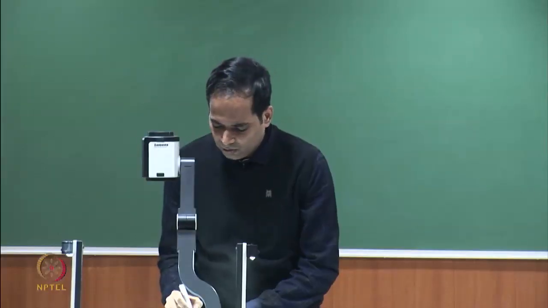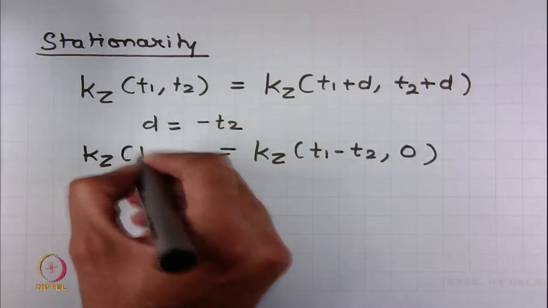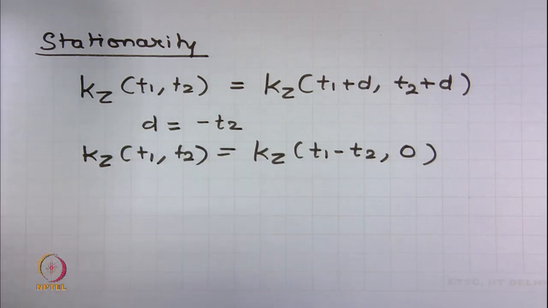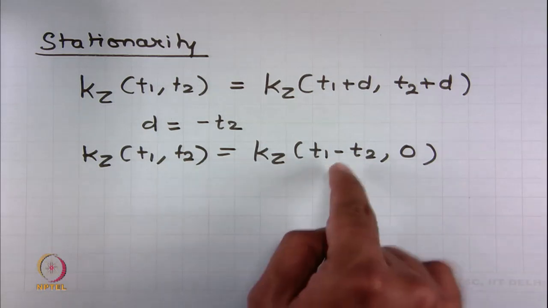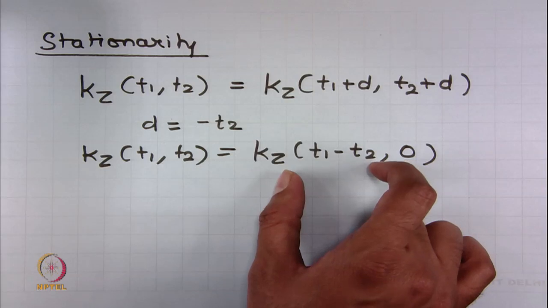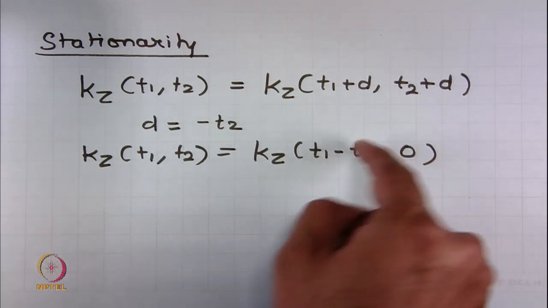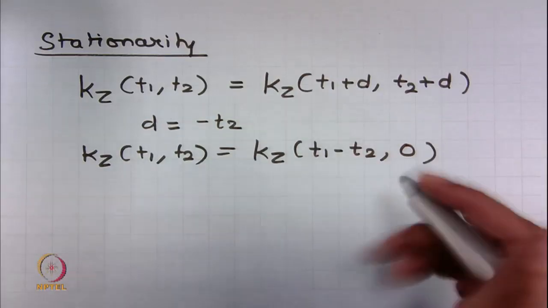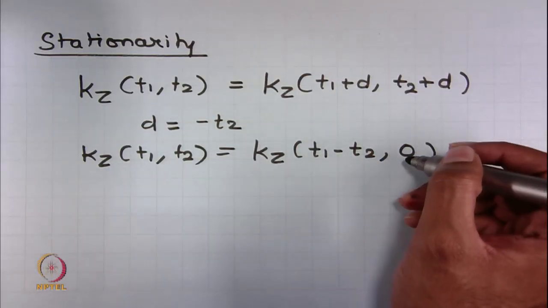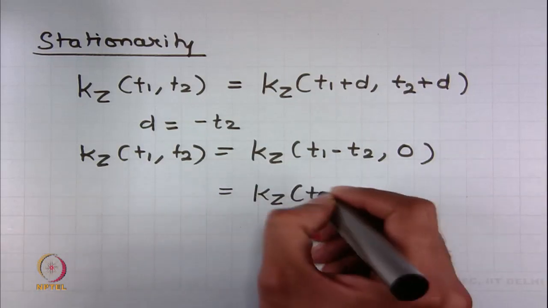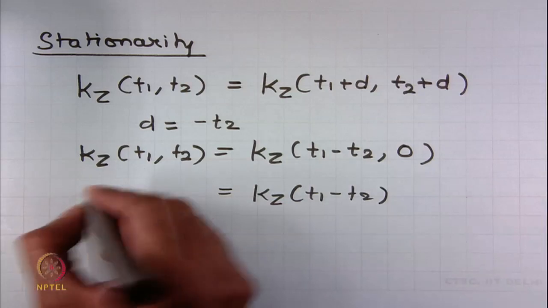For a stationary process, the covariance function obtained by sampling the random process at time instances t1 and t2 is nothing but the covariance function where one time instance is t1 minus t2 and the other time instance is 0. Now, this 0 is kind of redundant. So, I can write this as kz of t1 minus t2.